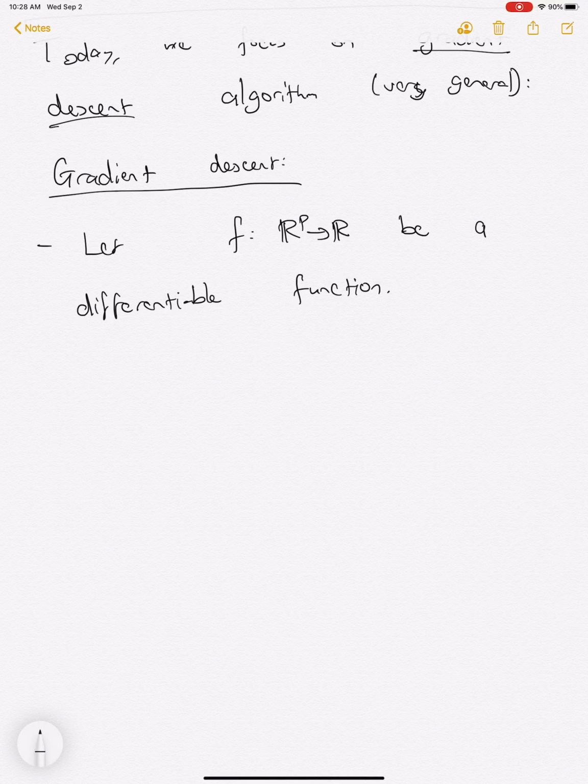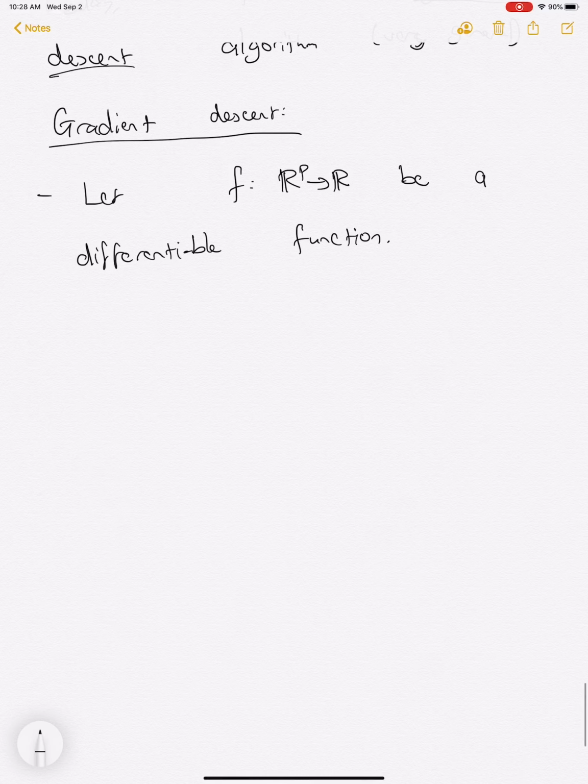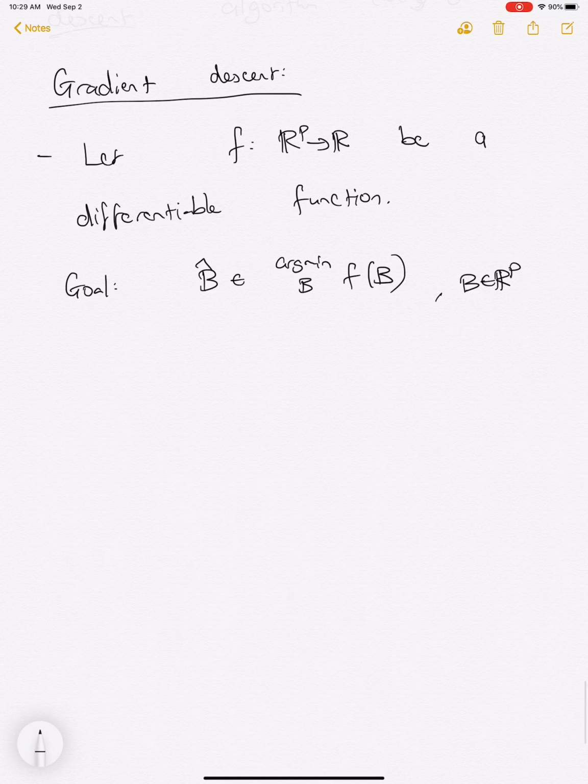Our goal is to find a minimizer of this function. I'm using the notation element of because there's potentially more than one minimizer. It's a function of B.